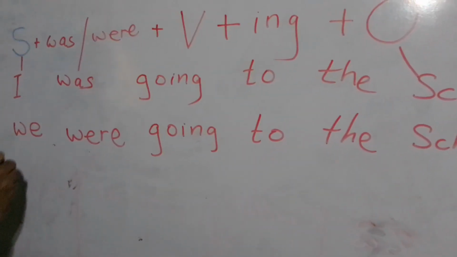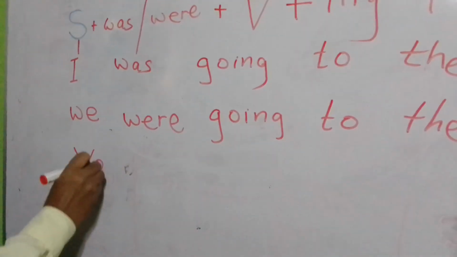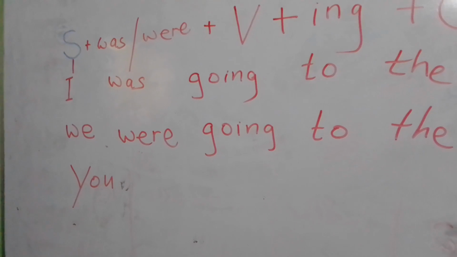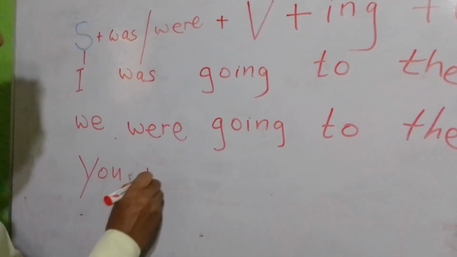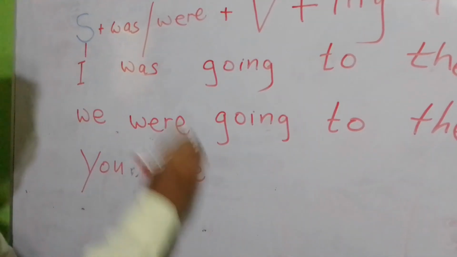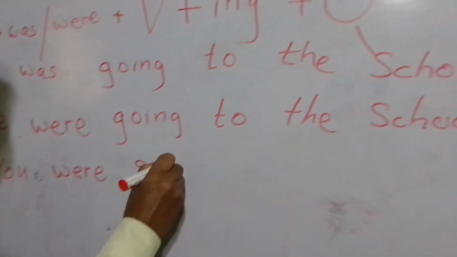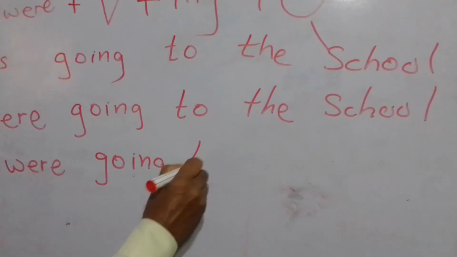Right. Next we will write you. When you write you, the subject you have to use the auxiliary verb were. You were going to the school.